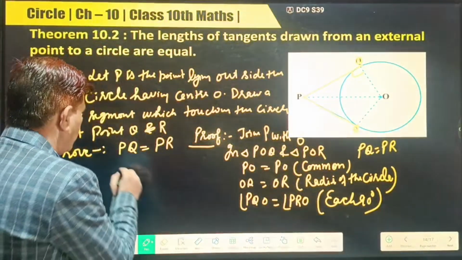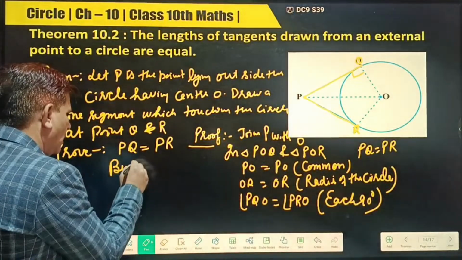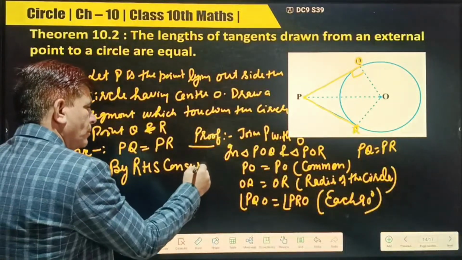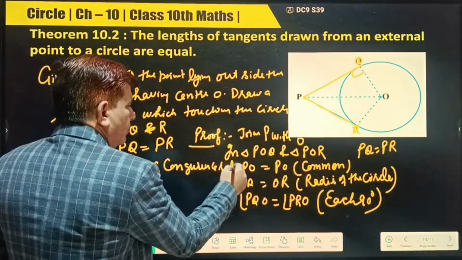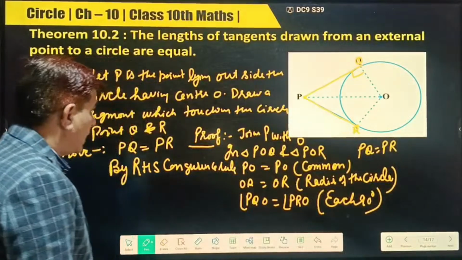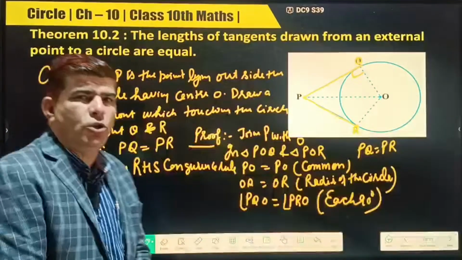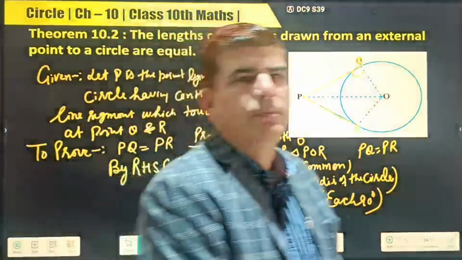So by which rule? By the RHS congruence rule. What is RHS saying? R means right angle, H means hypotenuse, S means any one side.